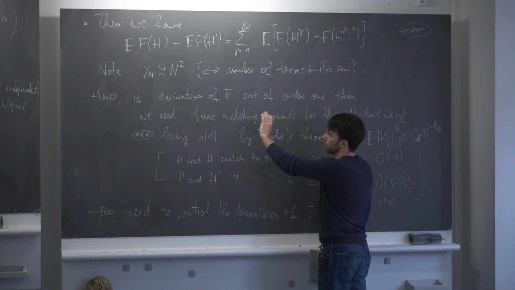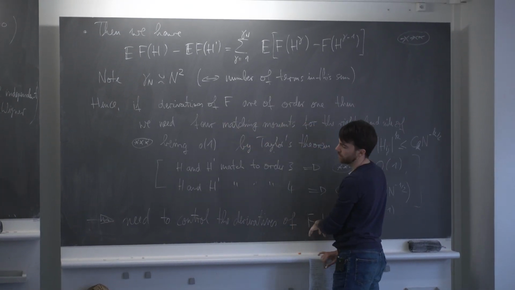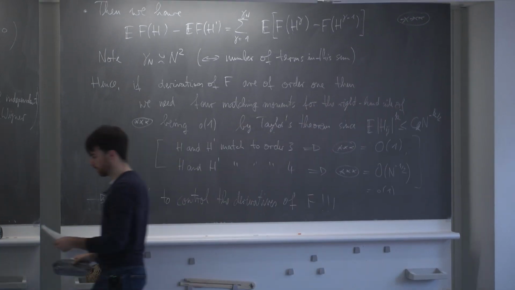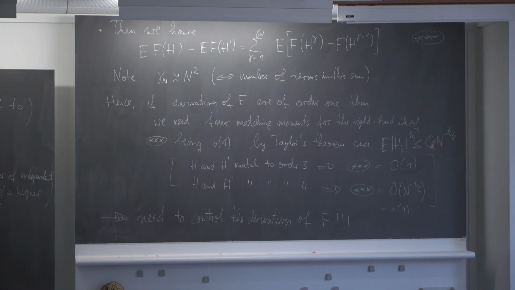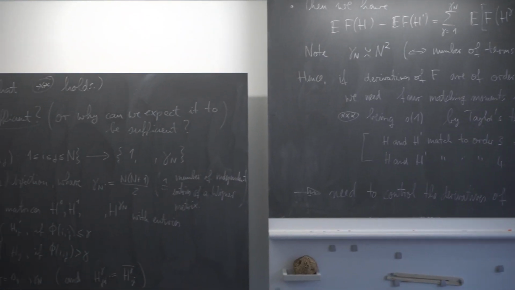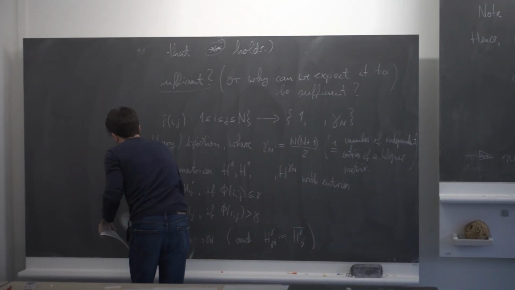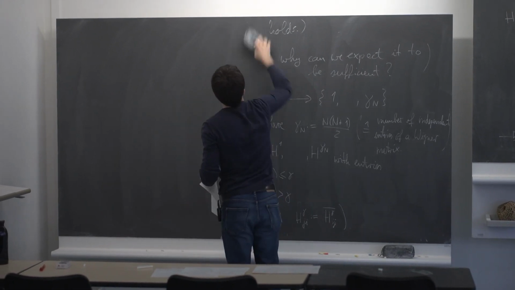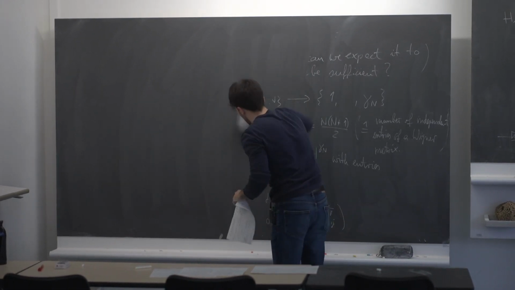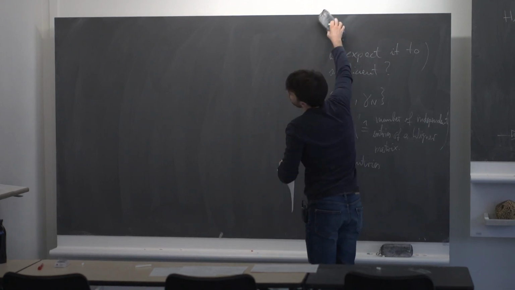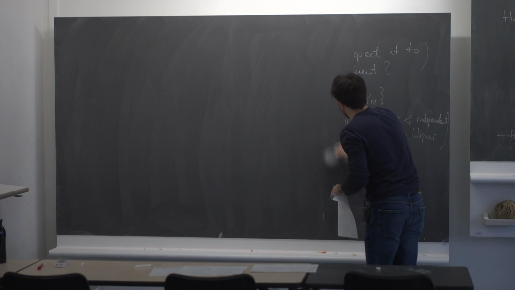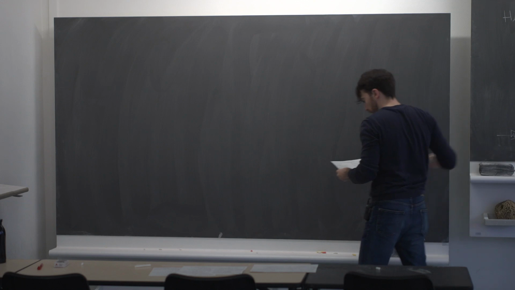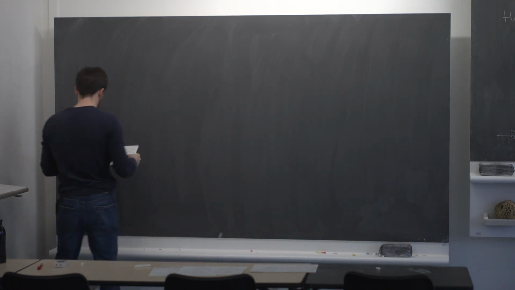They'll actually turn out to be order 1, but we have to choose the f appropriately, and still this needs some quite non-trivial extra argument, which will be based on the local law, because in fact we will choose the f to be a resolvent, because derivatives of resolvents are easier to control, and that will then allow us to apply the local law. But let me motivate to you first why it's good to choose resolvents.